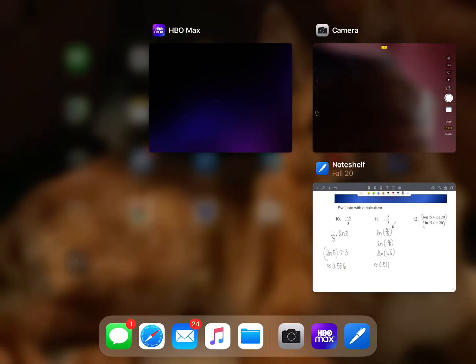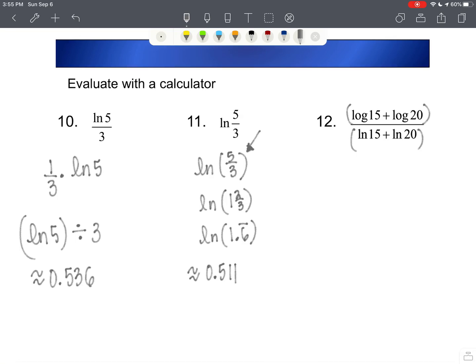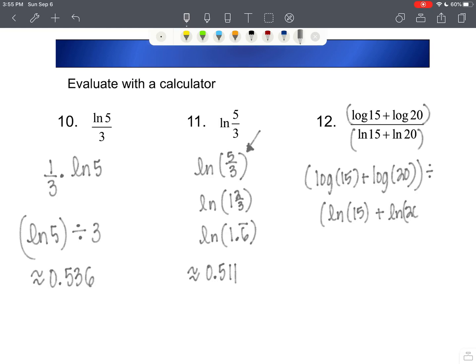Now, for those of you who don't have a graphing calculator, you should consider getting one if you're going to go to calculus. That would be a helpful thing for you to have. But this is what you can put into your calculator and get it right every time. So log of 15 plus log of 20, and then divide that by natural log of 15 plus the natural log of 20.